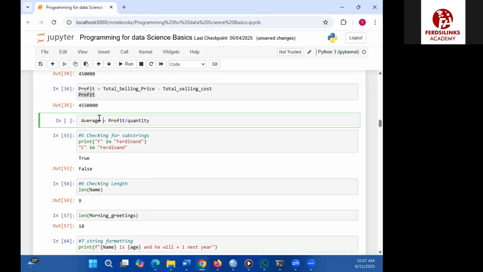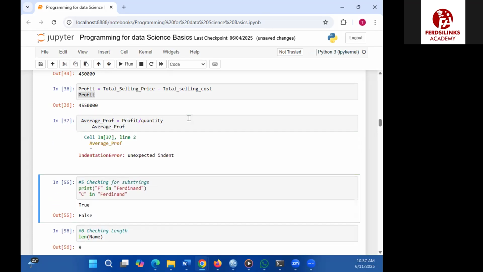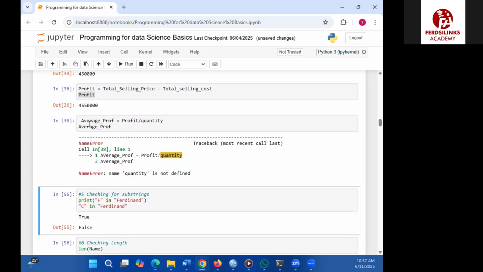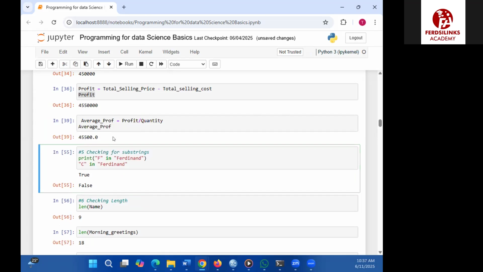And so average profit, if we print this on intended indentation, the quantity thing was capital here. So we have your average profit, right?